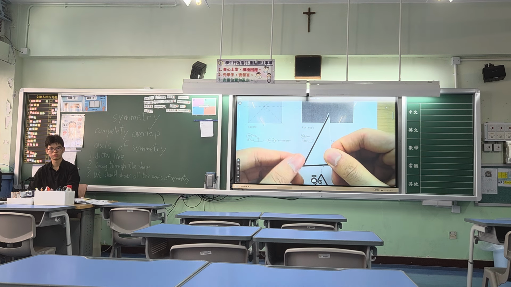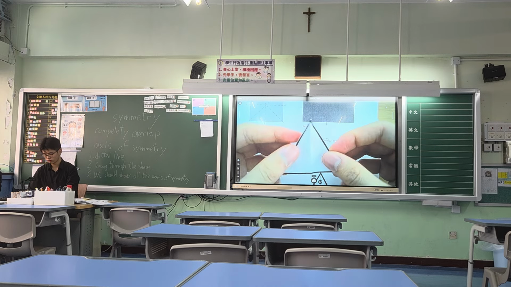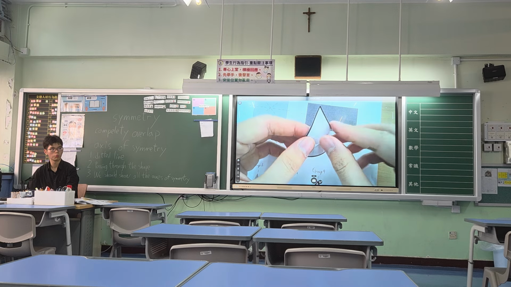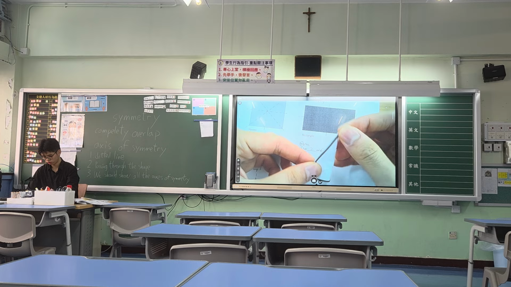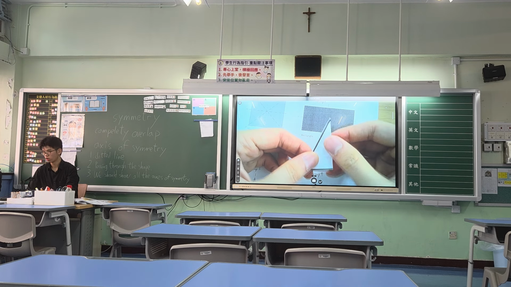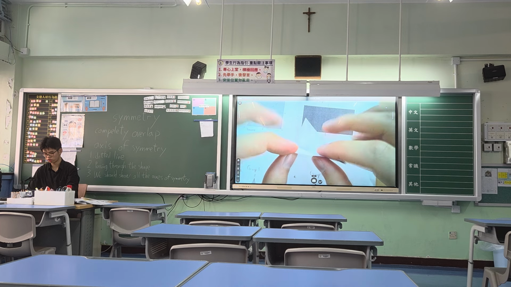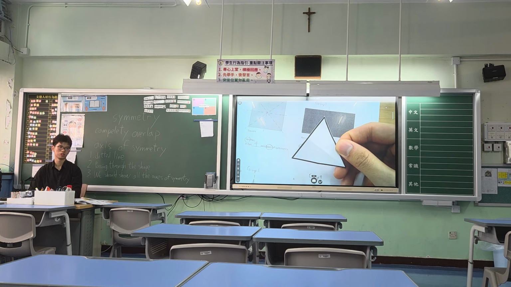Completely overlap. Completely overlap. And we now have 2. And we can do it one more, like this. Completely overlap again. Okay, so we can see here, there are 3 creases on this equilateral triangle.